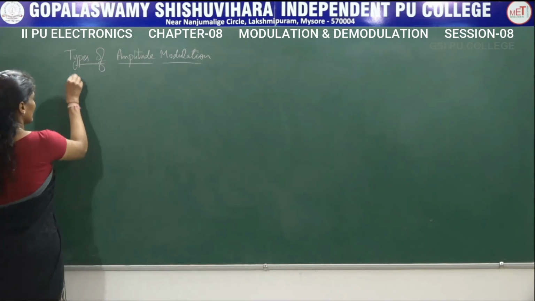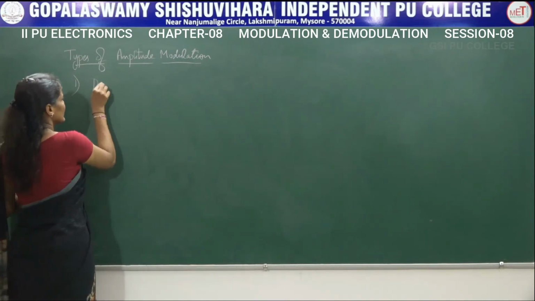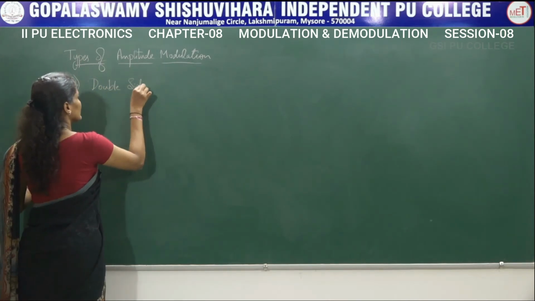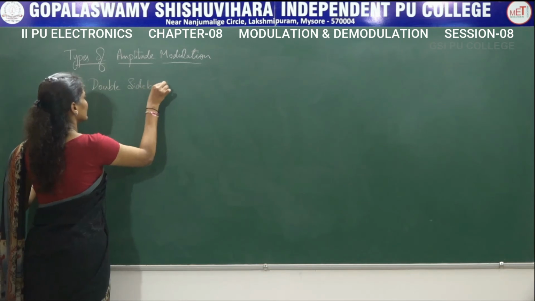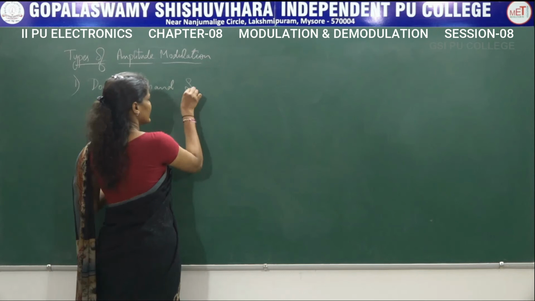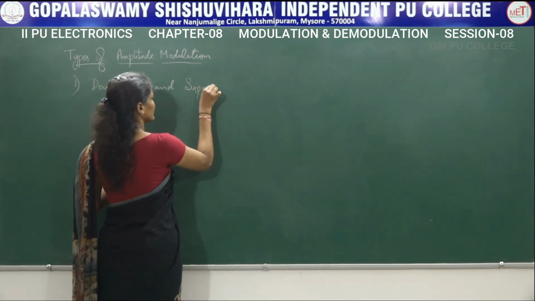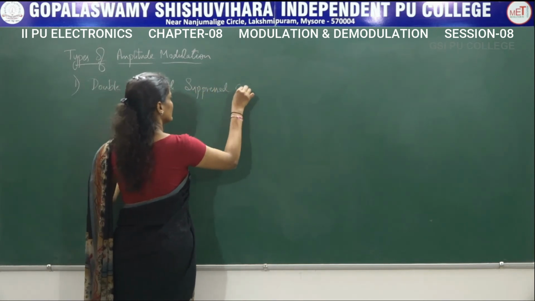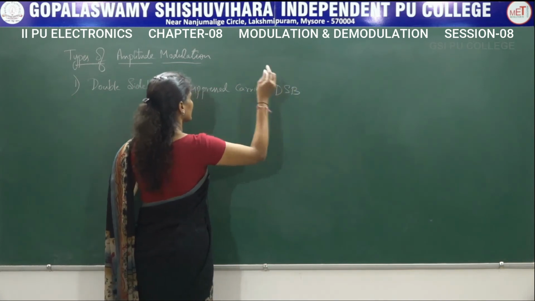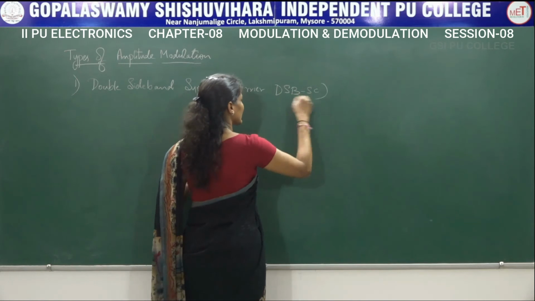The very first type of amplitude modulation is double sideband suppressed carrier, that is DSB-SC, double sideband suppressed carrier.